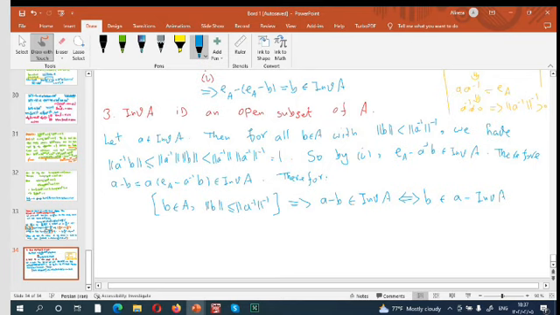Or equivalently, B belongs to A with this property, equal to B belongs to this neighborhood of A by this radius.